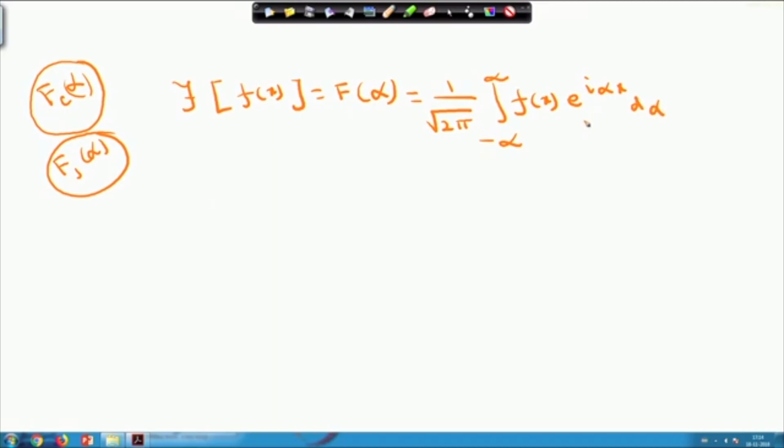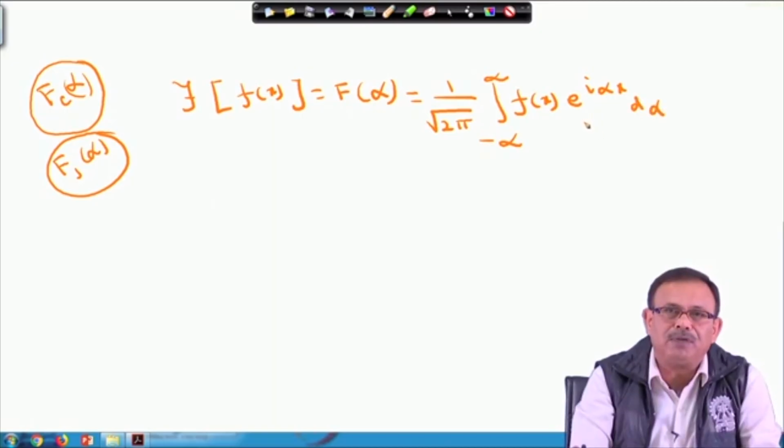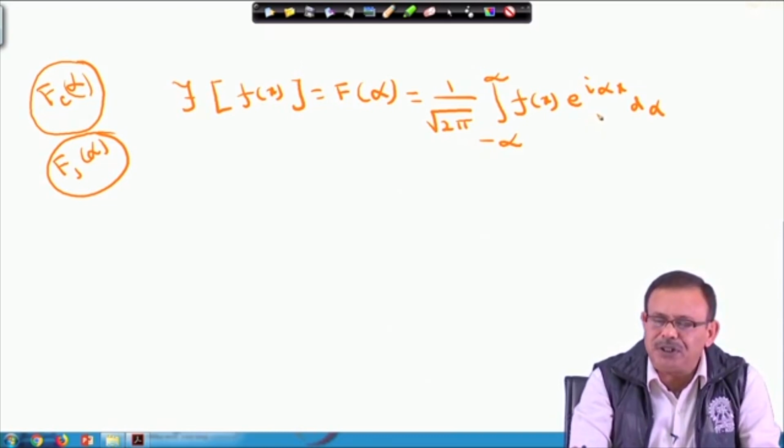Here you see the kernel I have taken is e power I alpha x. Instead of this, I could have taken e power minus I alpha x also. But since here I have taken e power I alpha x, whenever I take the inverse Fourier transform, I have to take e power minus I alpha x, and if I had taken e power minus I alpha x here, in the inverse Fourier I would have to take e power I alpha x.